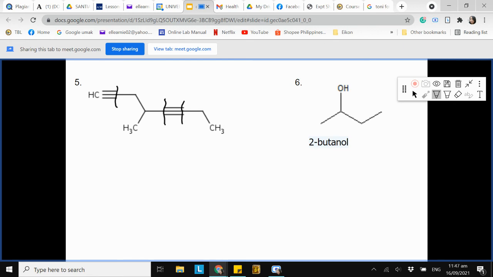So, kaya po siya ganyan kasi po yung triple bond, it causes a 180 degrees. So, diretso po siya. So, pag binilang natin ngayon siya, it's gonna be 1, 2, 3, 4, 5, 6, 7, 8. So, you have 8 carbons. Then, dalawang triple bonds. Tapos, may isang methyl.